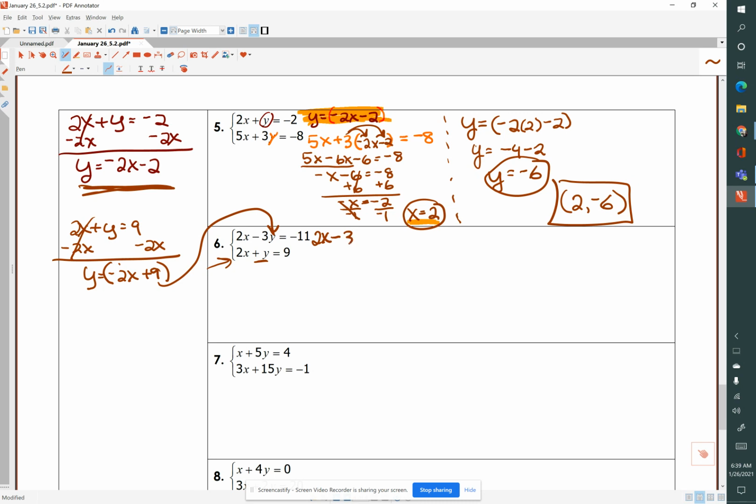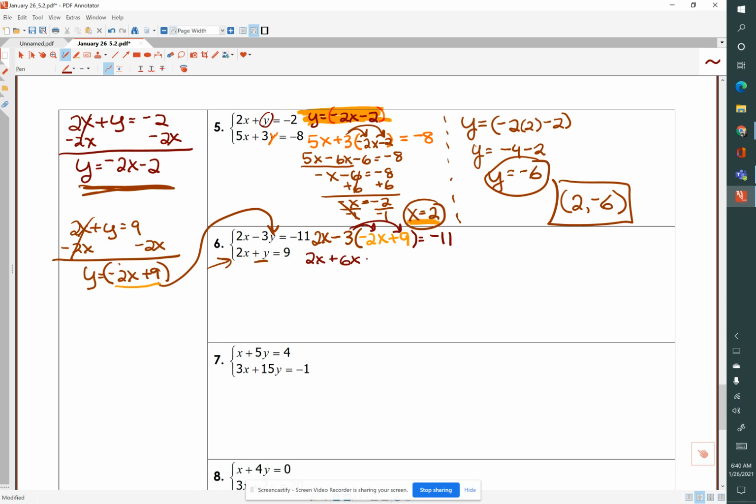2x minus 3, let's change our color, and instead of y, I have negative 2x plus 9. Equals negative 11. And now we need to distribute. So it will be 2x, negative 3 times negative 2 is positive 6x.